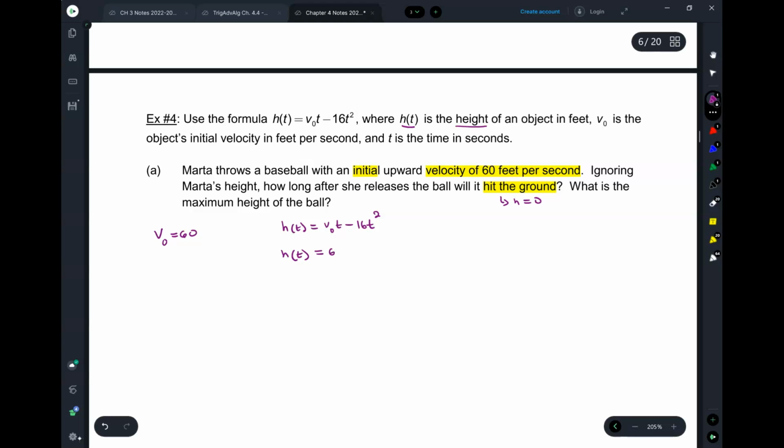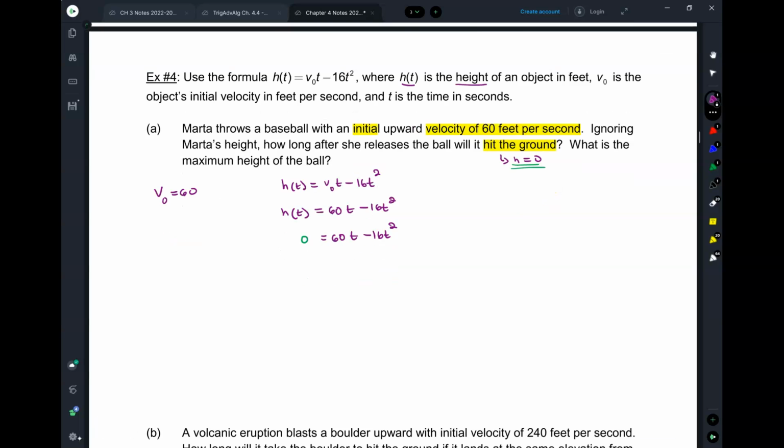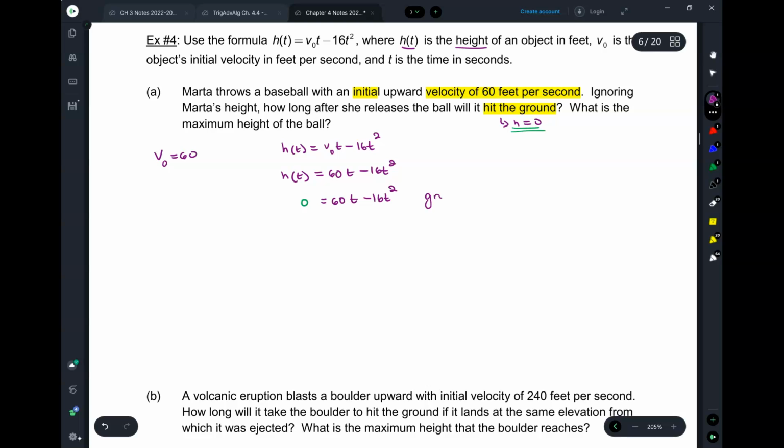H of T is 60T minus 16T squared. And so we said H is 0, right? So H is 0, so 0 equals 60T minus 16T squared. So we have to graph this and find the zeros, right?